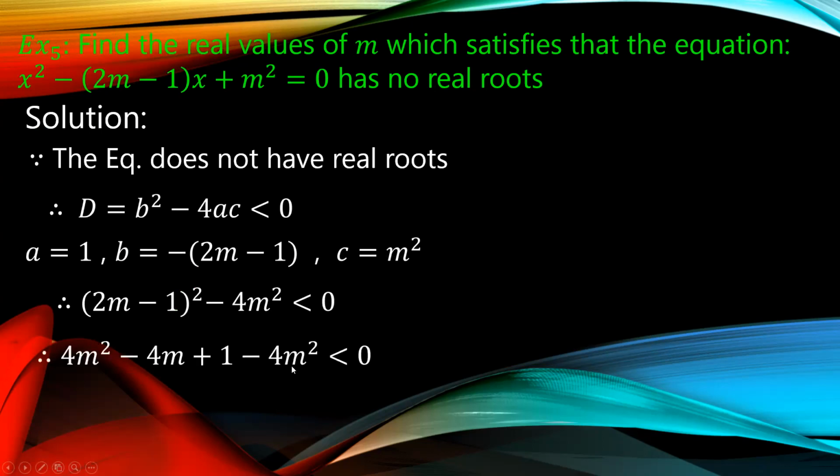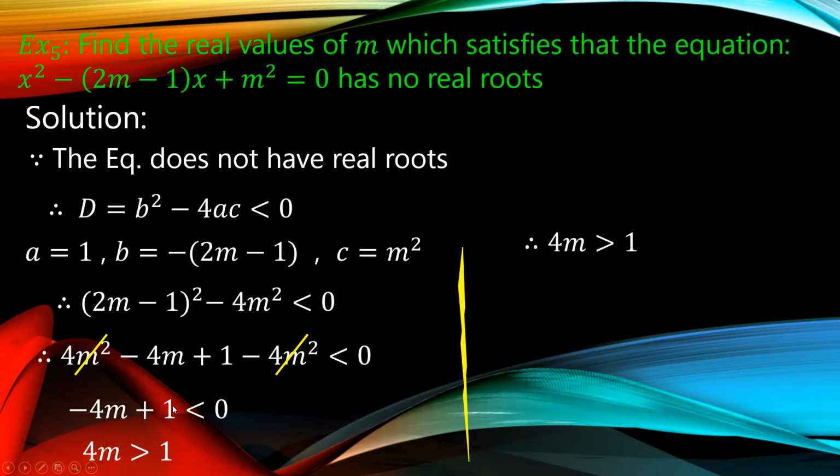I will solve the inequality: 4m^2 - 4m + 1 - 4m^2 is less than 0. Then -4m + 1 is less than 0, then 4m is more than 1, then m is more than 1/4.